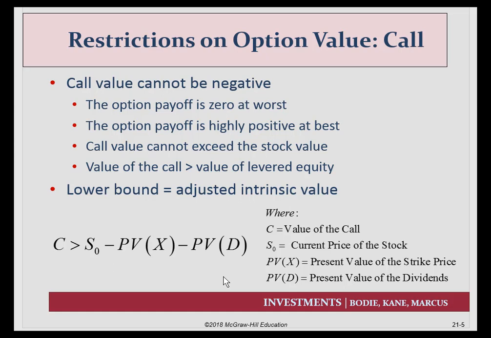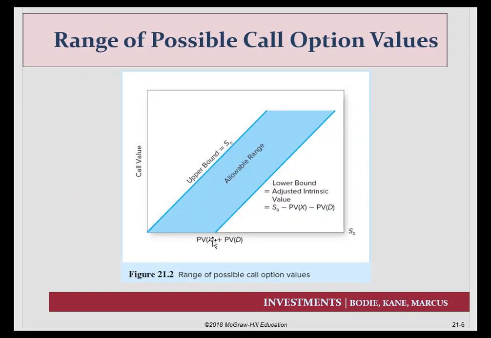So there is a lower bound, which we might refer to as our adjusted intrinsic value. The value of the call is going to be greater than the value of the stock minus the present value of the exercise price minus the present value of any dividends. So what we end up with is a range that the call value has to be within. It can't exceed the stock price and it cannot be below that adjusted intrinsic value.